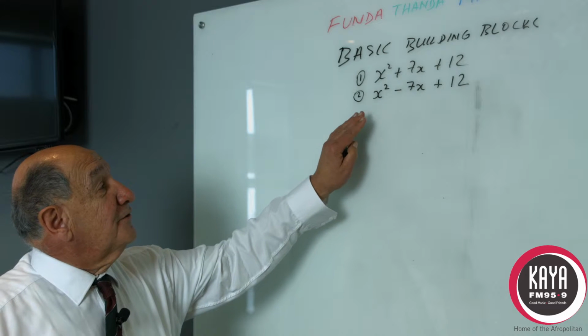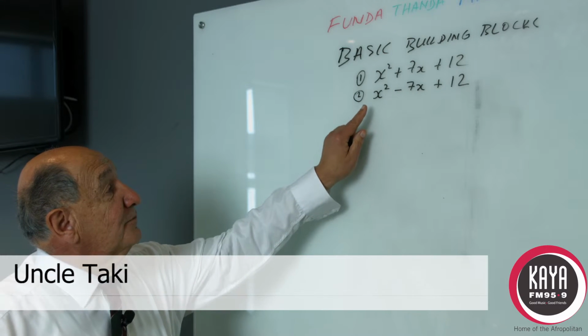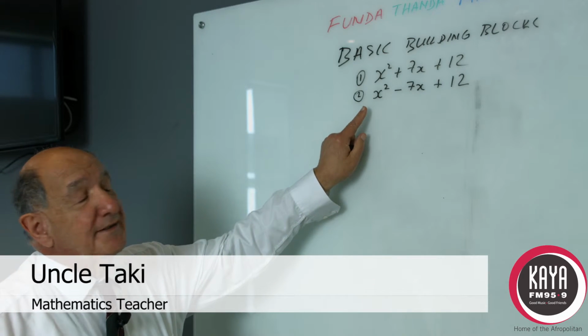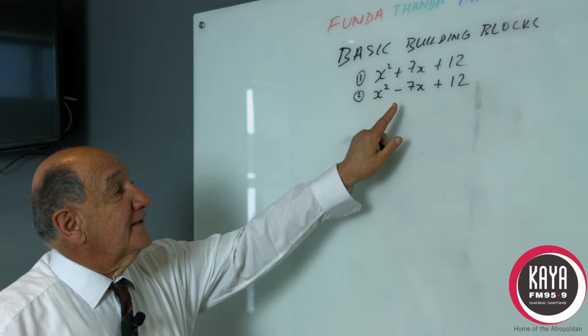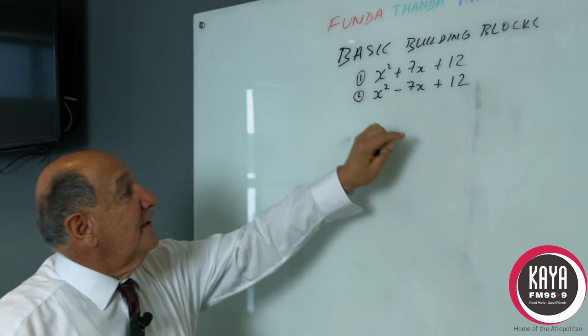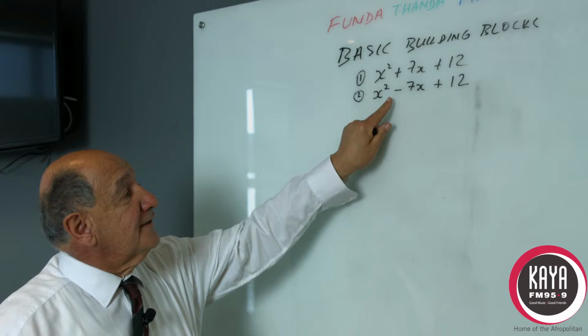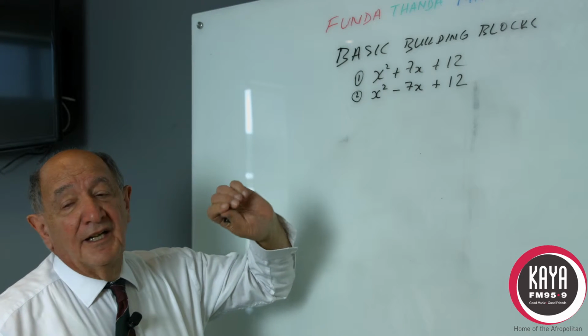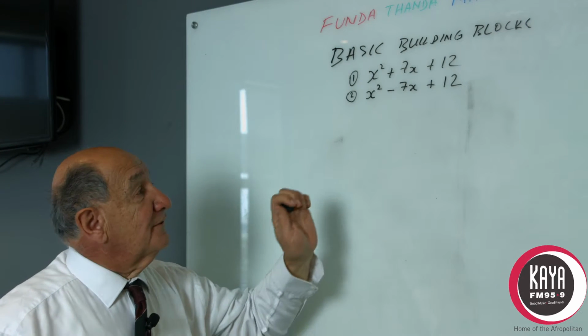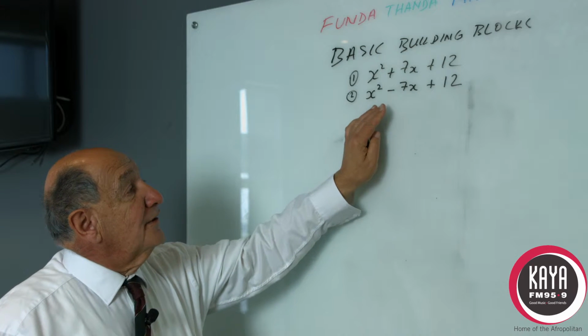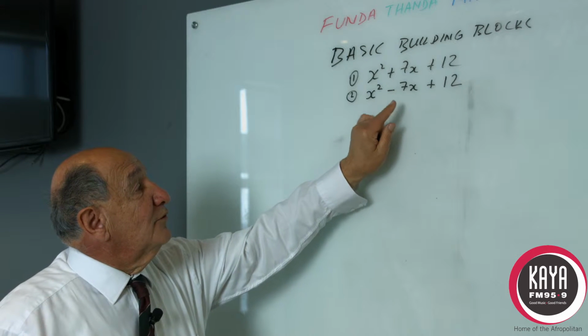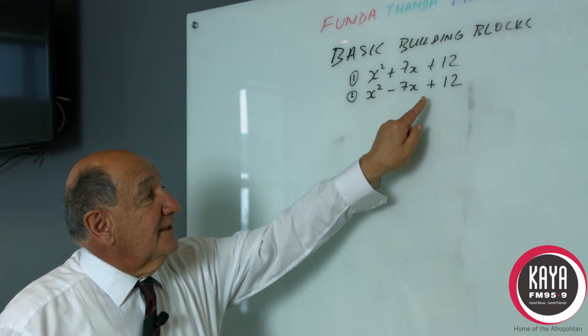We're back again onto the second example, and this time it is x squared minus 7x plus 12. There's a slight difference. The first sign is negative. I'm going to spend a little bit of time explaining how to factorize when we have a minus and a plus.